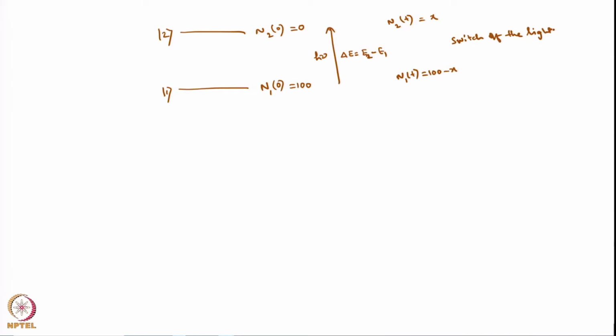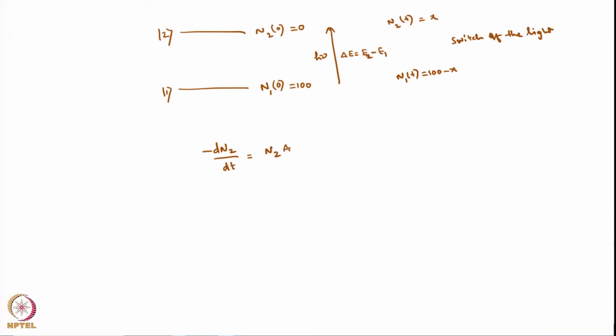The kinetics of that will be minus dN2 by dt is proportional to N2, and this is happening in the absence of any light. So the proportionality constant must be equal to the A coefficient. So that is A.